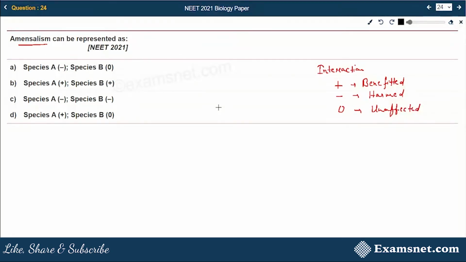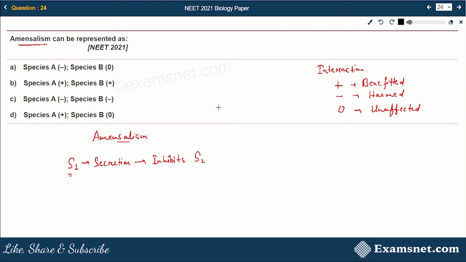So what happens in case of amensalism? In this case, one of the species is harmed whereas the other species remains unaffected. And how does it happen? One of the examples is, suppose this is species 1 and it secretes certain substances, and its secretion is able to inhibit the growth of the other species.